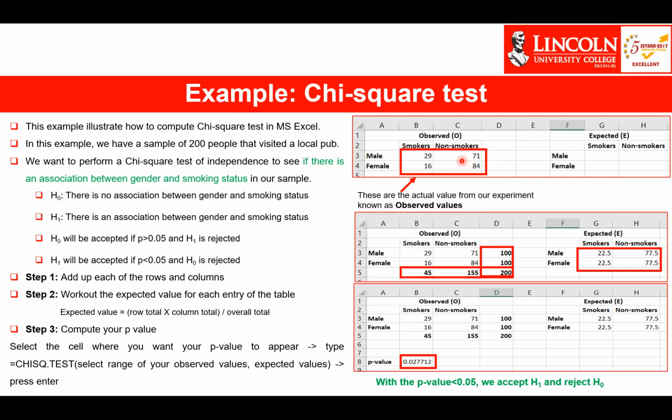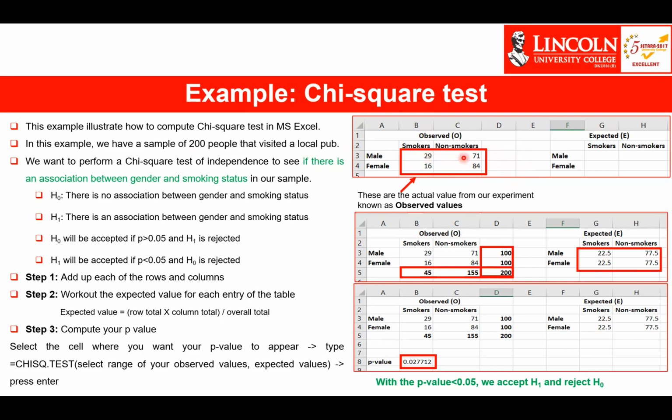So the first thing we need to do after having this observation is perform a few summations. That is, we need to get our row total and column total.